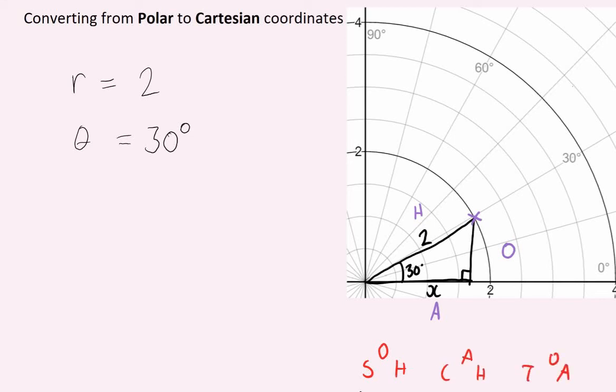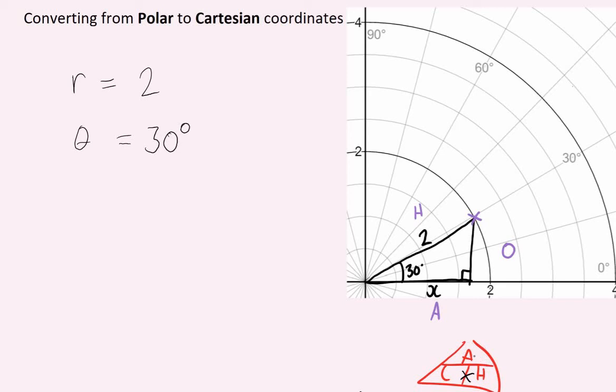Let's do it a different way. The way I always treat SOHCAHTOA is to think of them all as triangles. So this is the CAH triangle. If we want to work out what A is, we cover it up, and on the bottom we're left with C and H. That means you want to do cos times the hypotenuse.